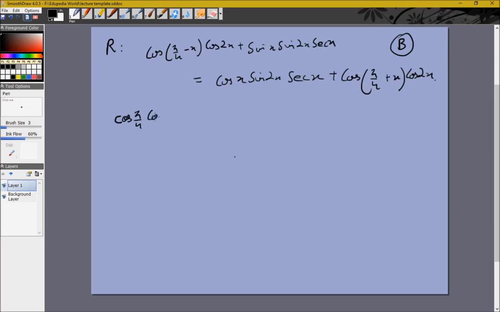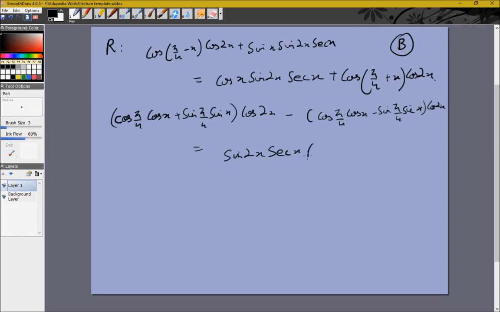cos pi by 4 cos x plus sin pi by 4 sin x cos 2x, and we'll take this to the left side, minus cos pi by 4 cos x minus sin pi by 4 sin x cos 2x, and this is equal to, we take this term to the right side, sin 2x sec x cos x minus sin x.